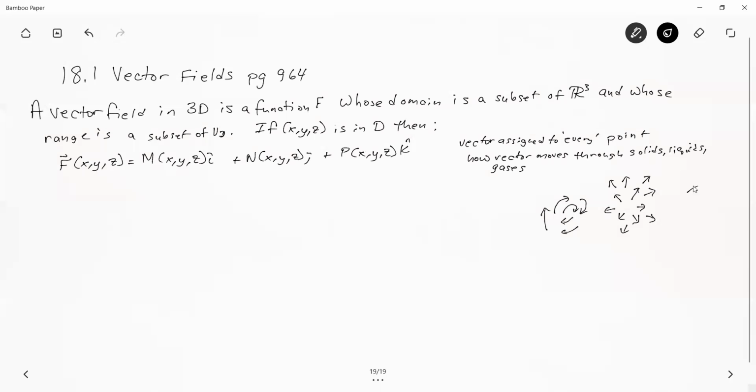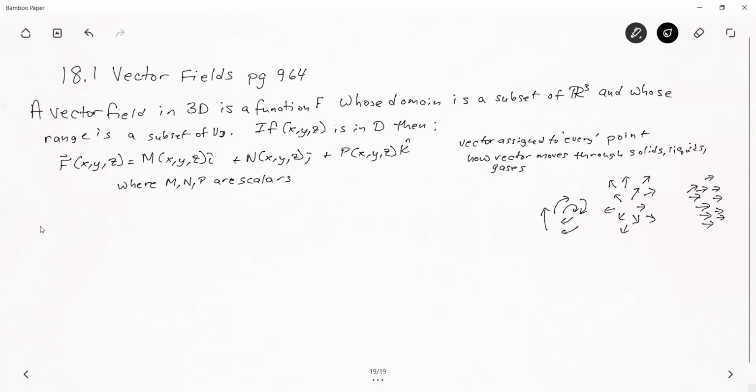Maybe it's all moving in a similar direction. So in this section, you're going to want to calculate lots of different vectors to see what the movement looks like. Now here our M, our N, and our P are scalars.